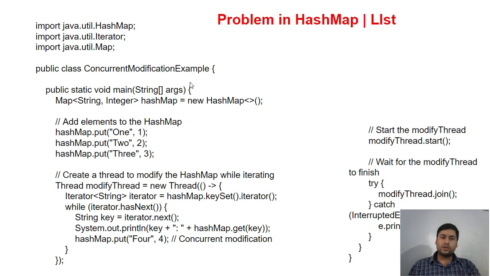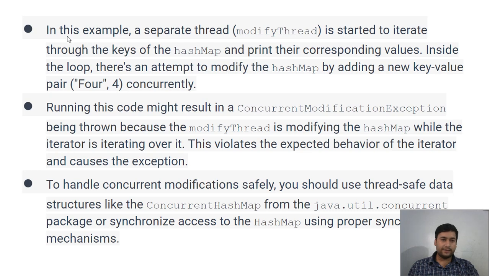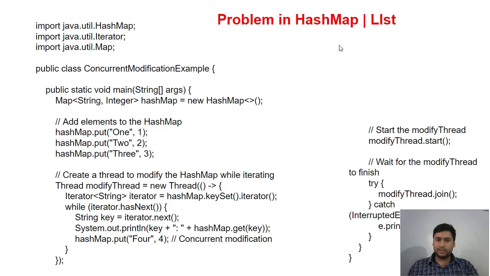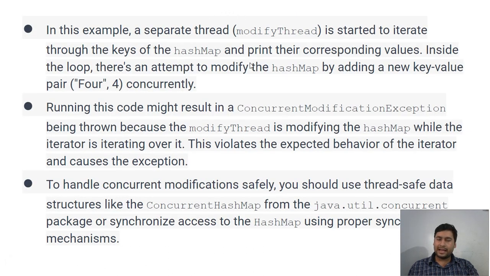Okay, so I hope you understood this example, and with the help of this example we are going to understand what exactly we are doing. So in this example, a separate thread, the modifier thread, is created, which we can see here. Okay, and this thread is going to iterate your HashMap, and correspondingly it will add one value which is 4 concurrently.